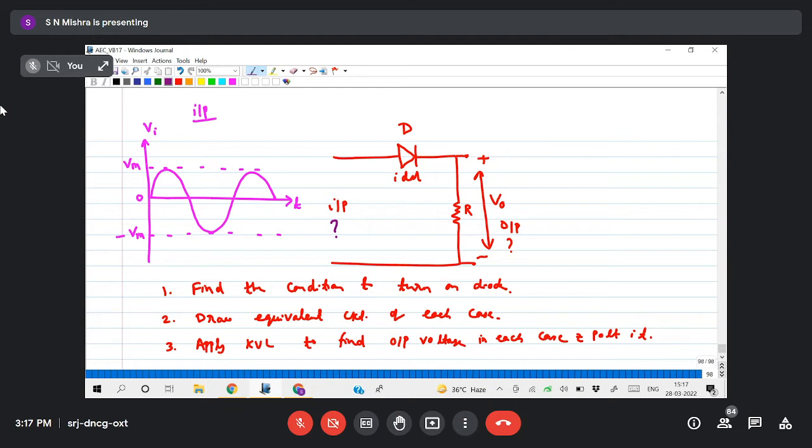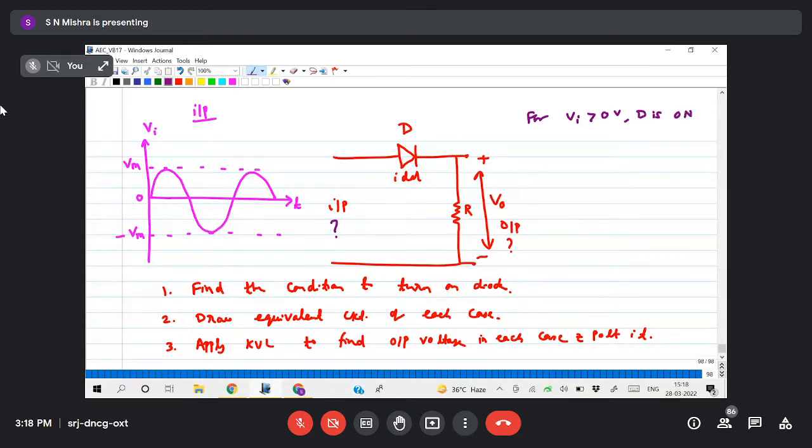At what condition is my diode on, and at what condition is my diode off in the given circuit? Sir, the positive half cycle. Positive half cycle means Vi greater than 0. Yes, for Vi greater than 0 volt, the diode is on. Yes or no?